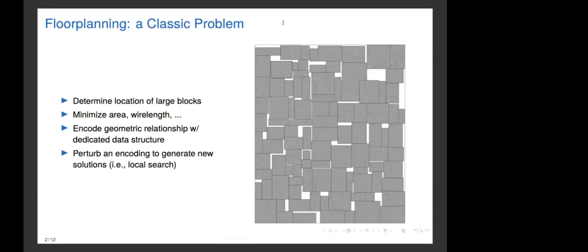In a typical workflow, we usually first design a dedicated data structure to encode the geometric relationship of the blocks, and then perturb the encoding to generate new solutions. So this is typically a local search algorithm.